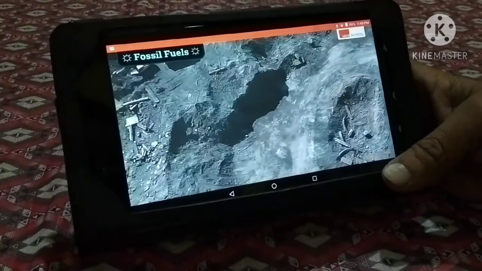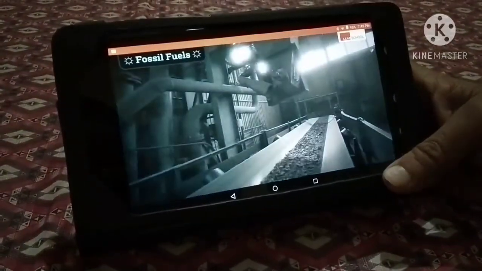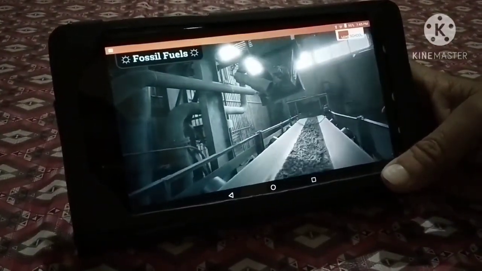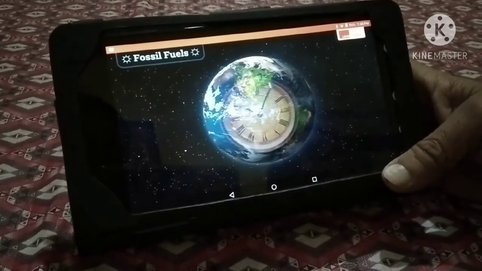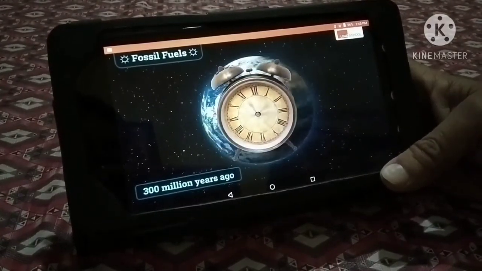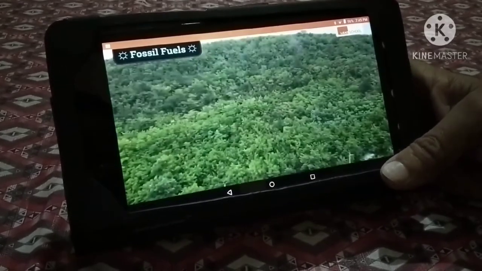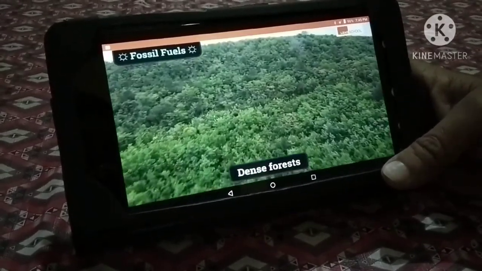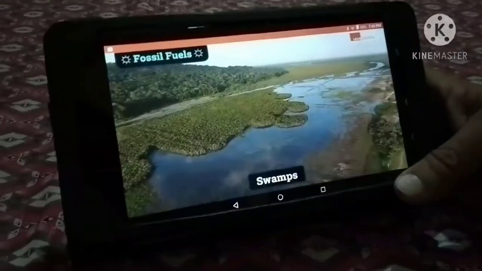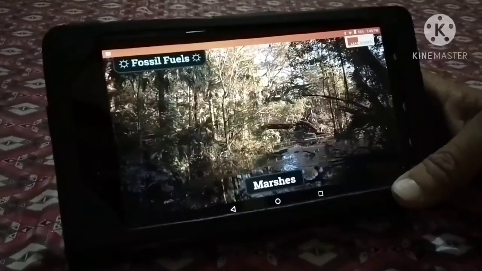First, let's go back in time and find out how coal was formed. Around 300 million years ago, the Earth looked very different from today. It was filled with dense forests in many low-lying wetlands such as swamps and marshes.